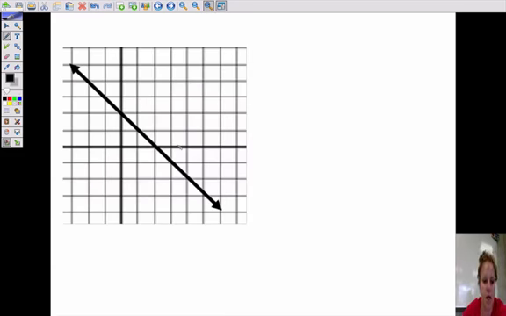It looks like here we have a y-intercept of 2. So (0, 2). And then it looks like we just go down 1 over 1, down 1 over 1, down 1 over 1. So this would just be 1 over 1 x.